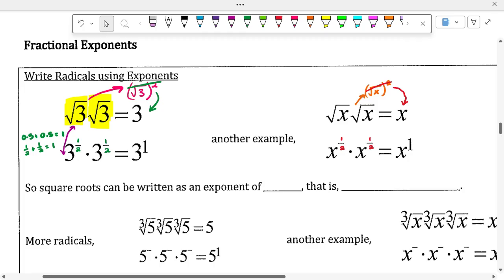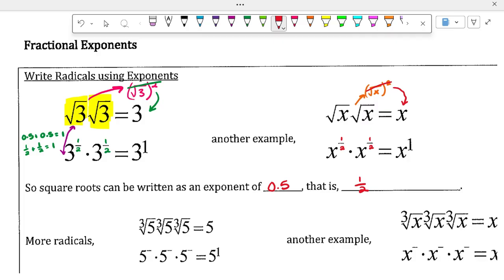So square roots can be written as an exponent of 1/2. If you have the square root of x, it's the same thing as x to the 1/2. So if you ever see x to the 1/2 or 3 to the 1/2 or 9 to the 1/2, it's the same thing as the square root of that value.